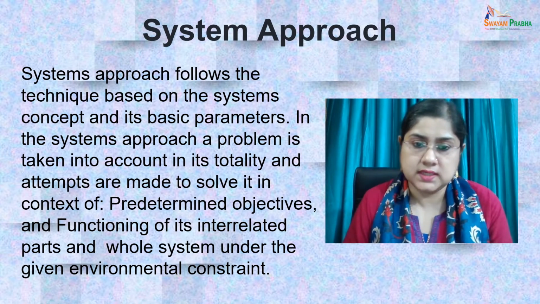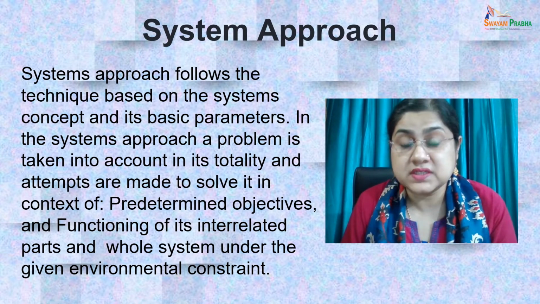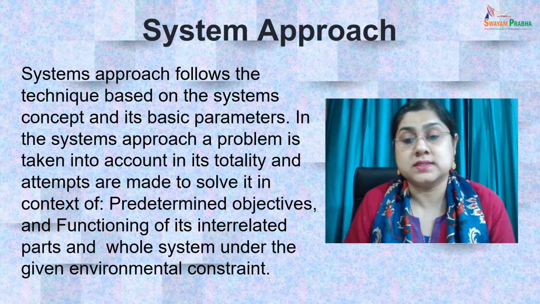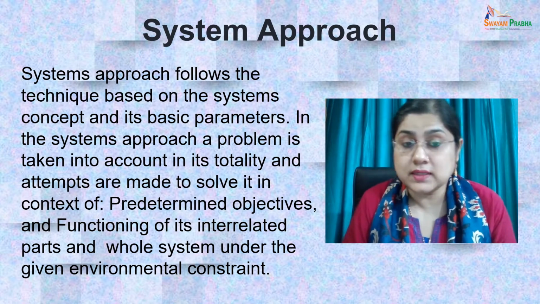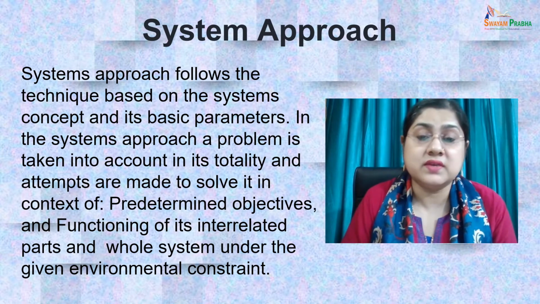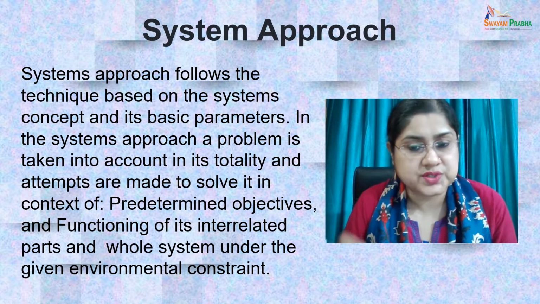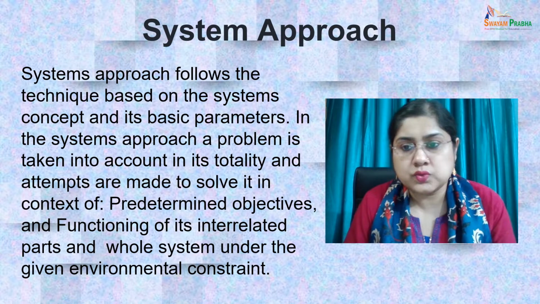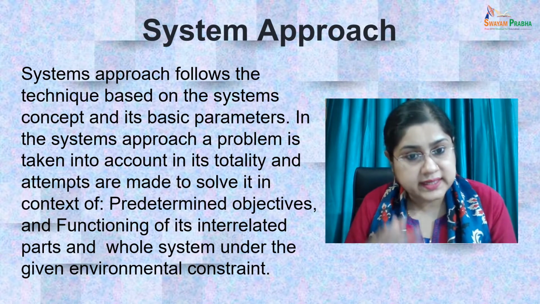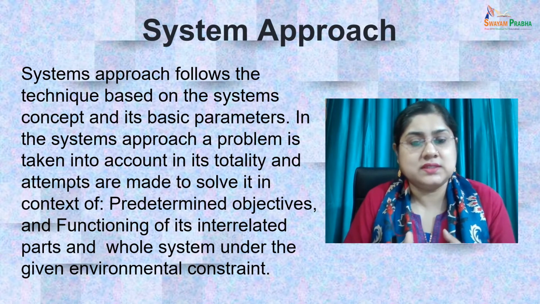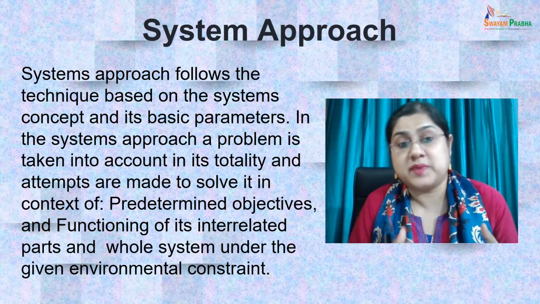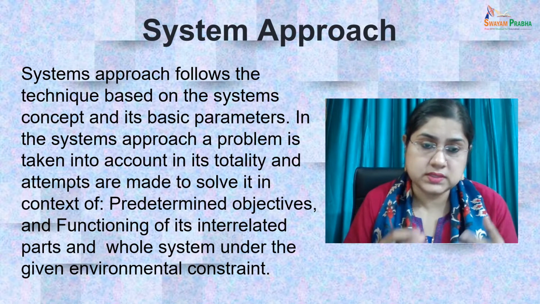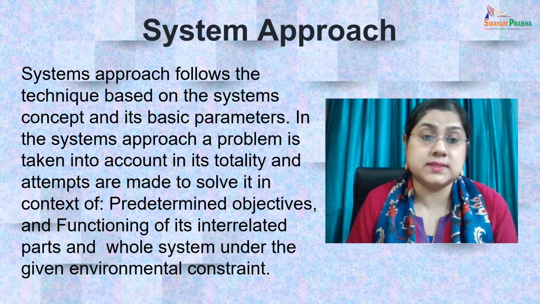The first is the predetermined objectives, and the second is the functioning of its interrelated parts and the whole system under the given environmental constraint. So these are the two important contexts under which the problem is solved in a very systematic way when we are following this approach, which is called the systems approach.